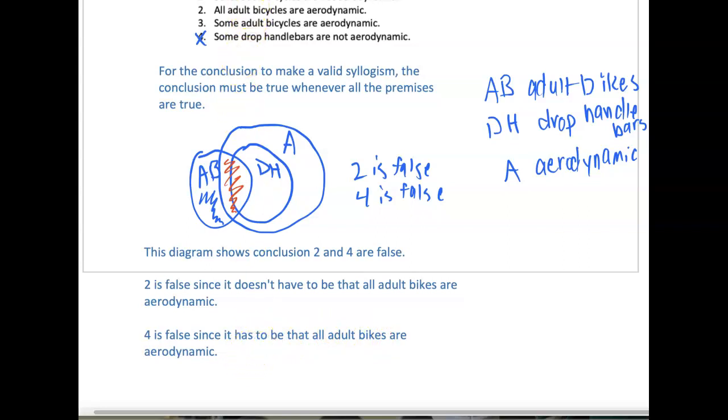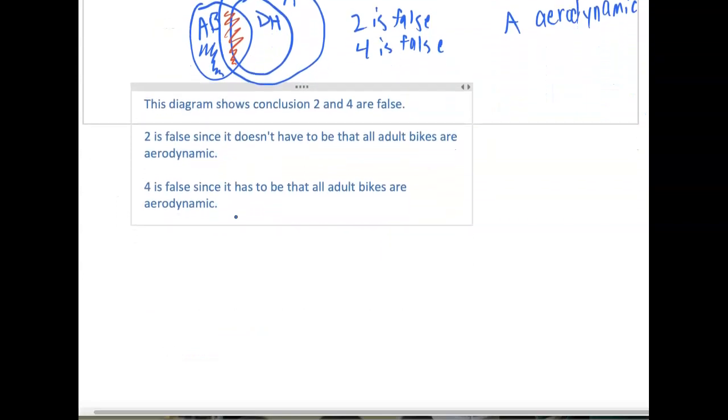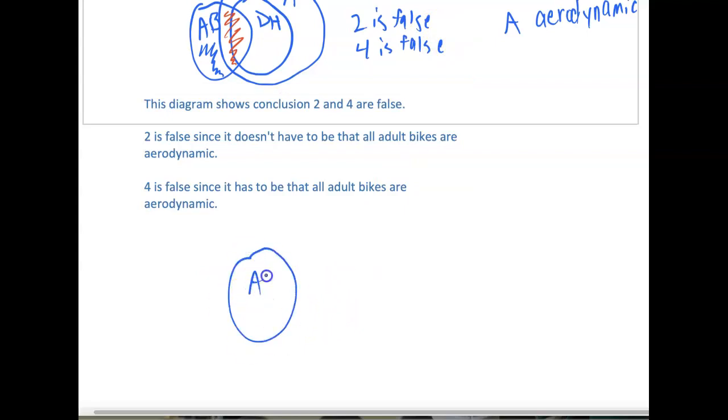Okay, so now we have to decide between conclusion 1 and conclusion 3. And for this, we'll have to draw a second Euler diagram. It'll start off the same with adult bikes and drop handlebars having some overlap. But let's consider all the different things that could happen with aerodynamic. All I said, what needs to be true, is that all drop handlebars are aerodynamic.